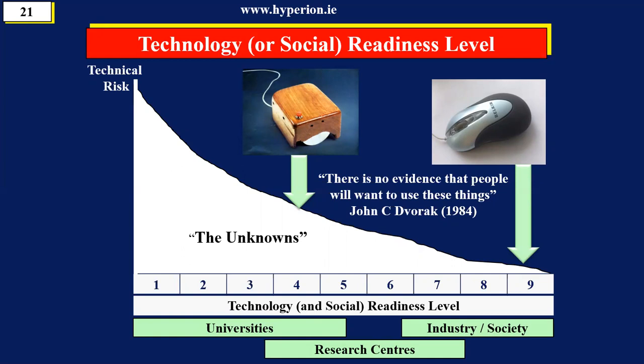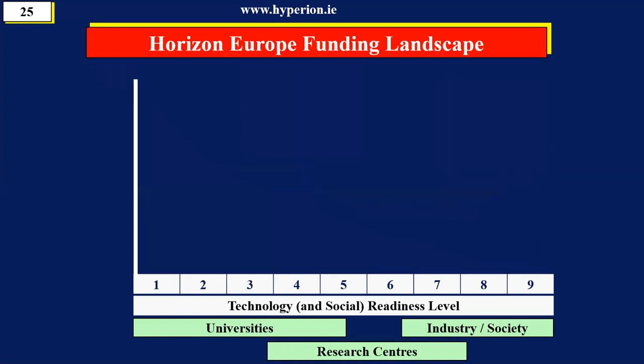So we'll use this as the x-axis of our diagram. So let's see, where can we get funding where we don't need any partners? Where must we have partners in our project? And also, where are the very, very large projects to be found within Horizon Europe?